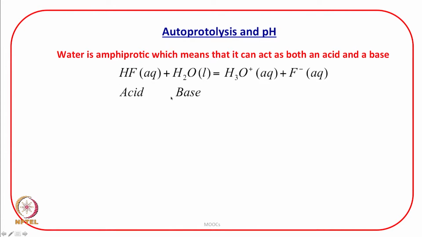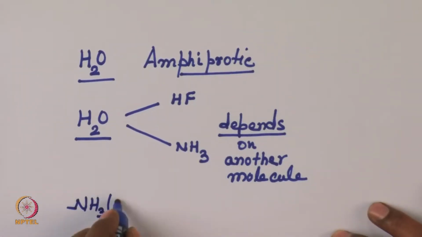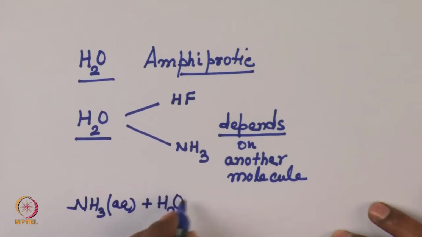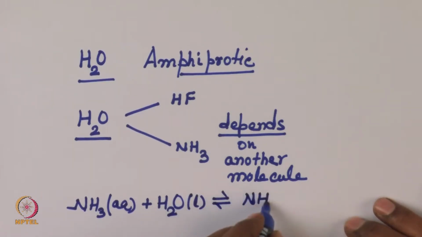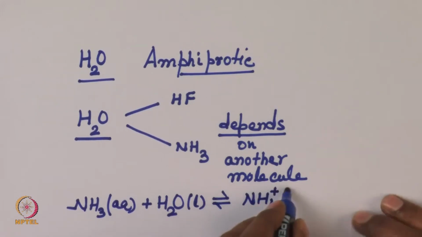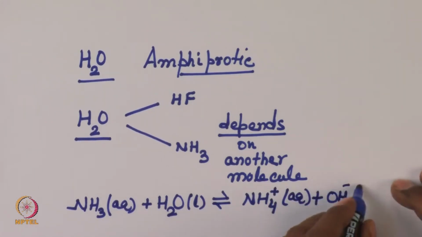On the other hand, if I choose another example, for example, if I take NH3 aqueous and take water liquid, what I get is NH4 plus aqueous plus OH minus aqueous.